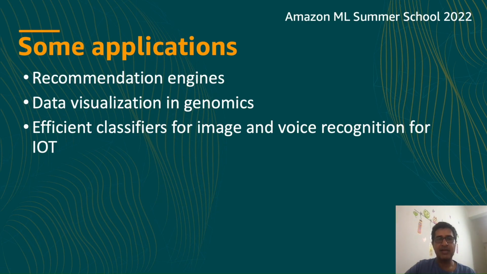So these kinds of classifiers for image and voice recognition tend to utilize a lot of dimensionality reduction. At Amazon also, for voice recognition on Alexa and a lot of the image recognition that we carry out, dimensionality reduction plays a large role.